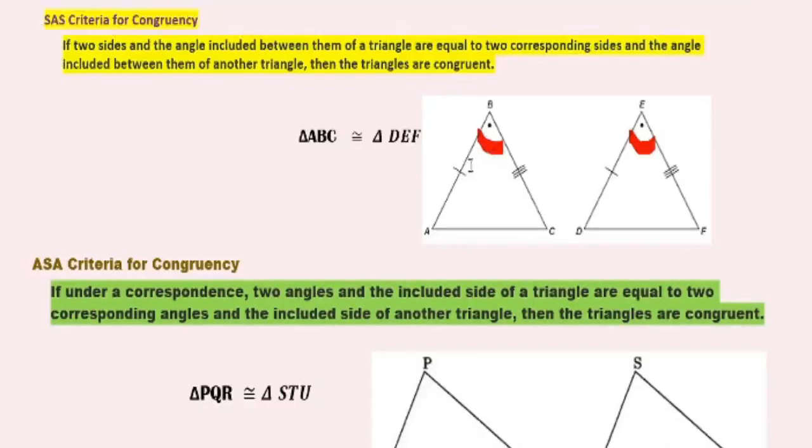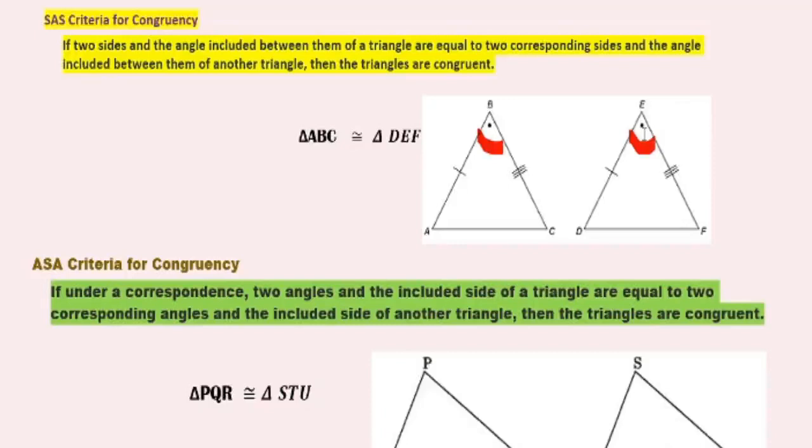I will explain what is an included angle. Here in this figure you can see triangle ABC, and AB and BC are two arms, and this angle I have shown here is the angle between the sides AB and BC. So angle ABC is the angle included between AB and BC.